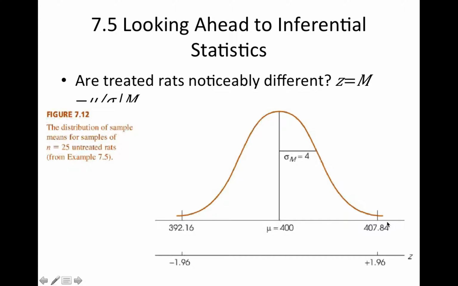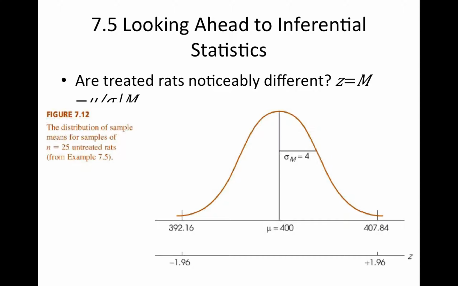But if we gave them the cholesterol drug, and then clearly we get a mean down here to the left of this line, wouldn't that give us a little more support for the conclusion that our cholesterol drug worked?